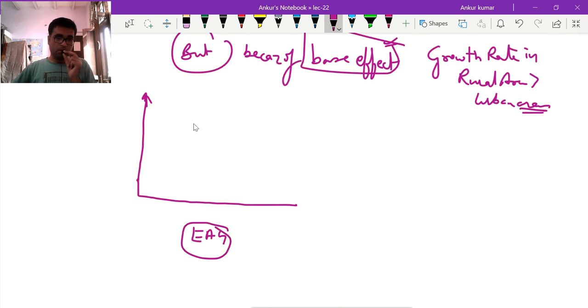So if you see in the EAG states, the empowered action group states, this is the temporal scale. This is 1970, let us say, and this is 2011. This is the growth rate of population.